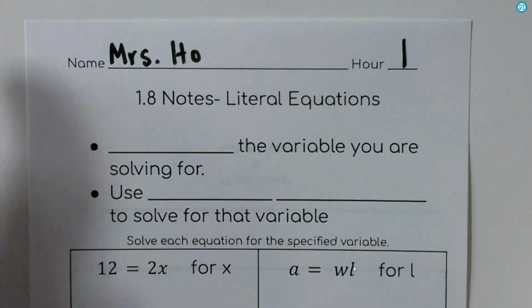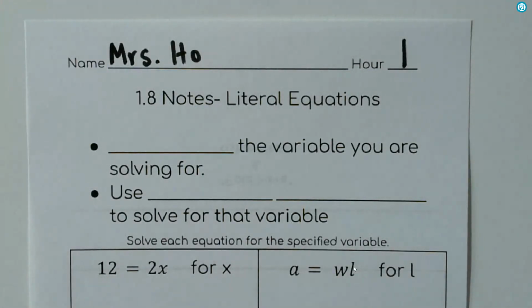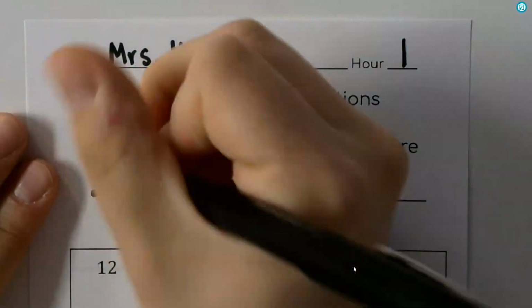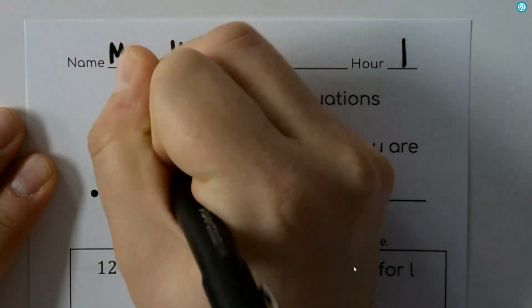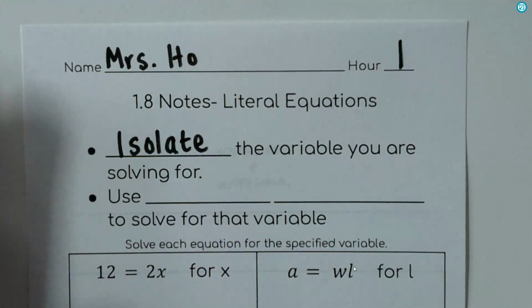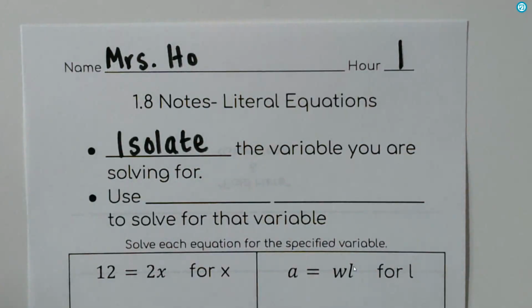What we are doing with literal equations, and why they're going to seem a little bit weird, is we are just solving for a variable, solving for a letter, but there's still going to be more letters. So our entire goal is to isolate the variable we are solving for, just like that was our goal for all of the beginning of the unit.